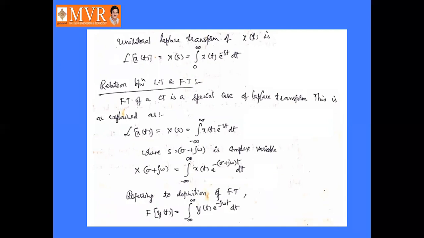Next, we saw the relation between the Laplace transform and the Fourier transform. If the real part of the complex variable s, that is sigma, is 0, then s becomes j omega. So this is the integral from minus infinity to infinity of x of t e power minus j omega t dt, which is nothing but the Fourier transform.